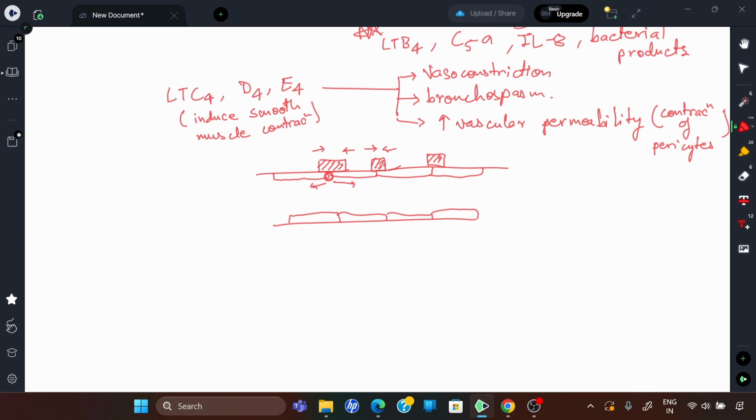Now we will be moving to the third mediator of inflammation, and that is the mast cell. We all know that mast cells are widely distributed throughout connective tissue, right? Now what activates the mast cell? It is activated by three things mainly.